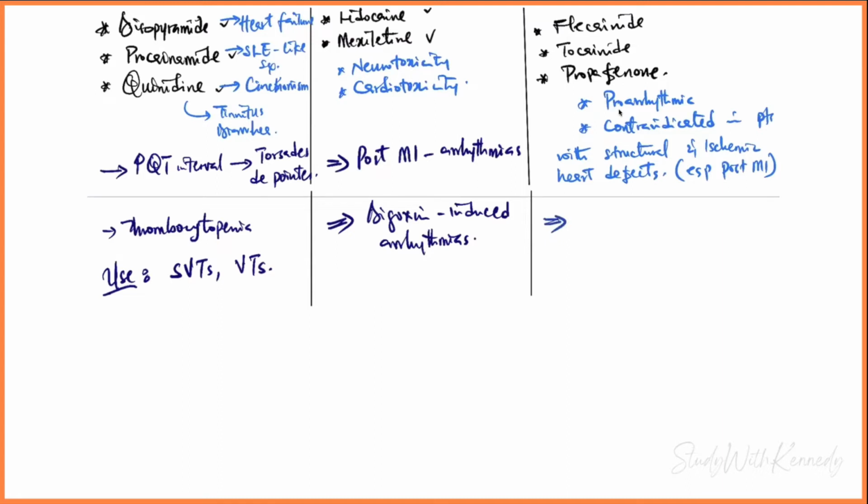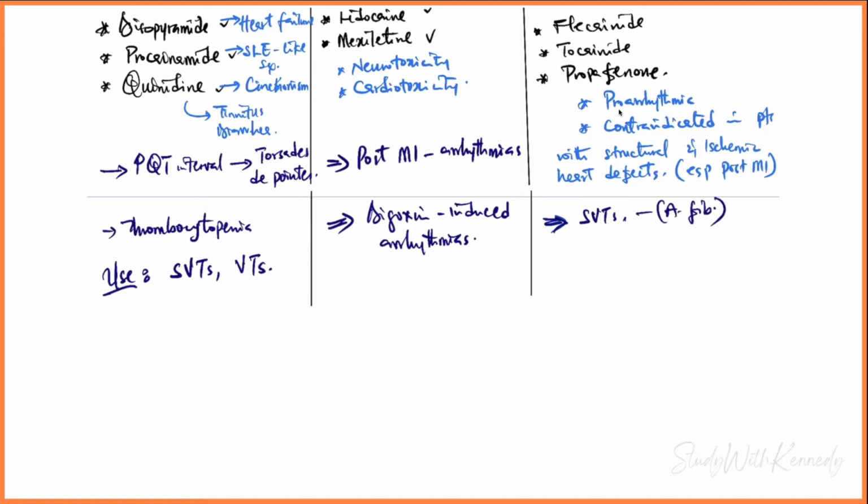The question becomes, what do we use class 1C medications for? We could use them for supraventricular tachycardias, but you can imagine that you're more likely to use class 1A and maybe use them as last resort, if at all. And including atrial fibrillation, you could actually use them for AFib.